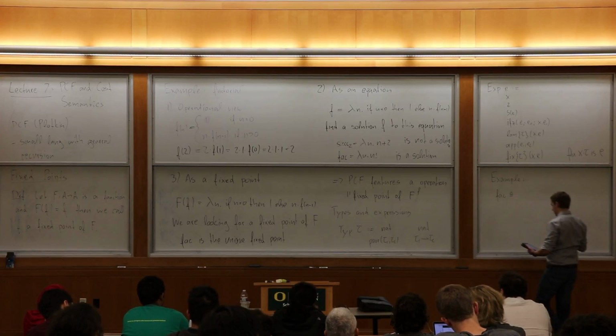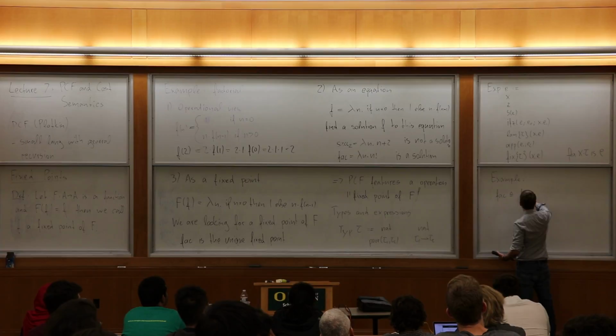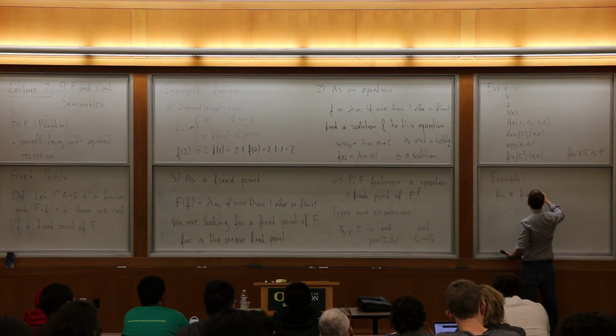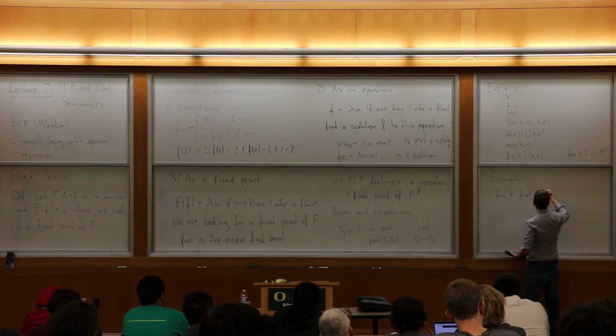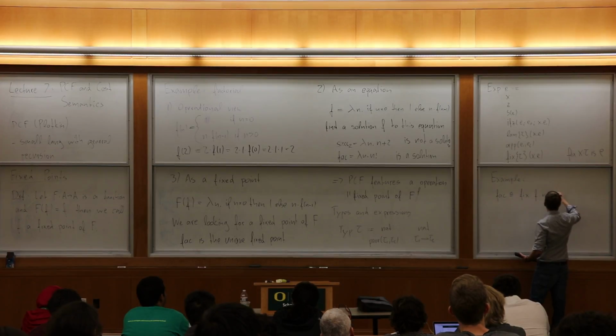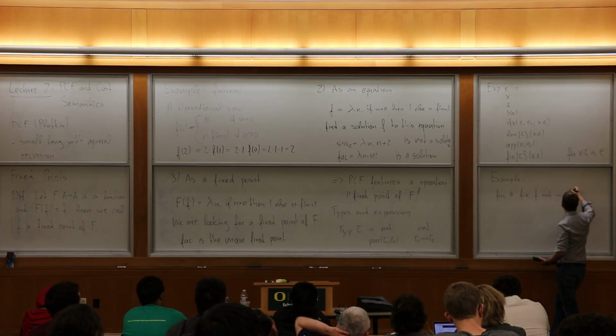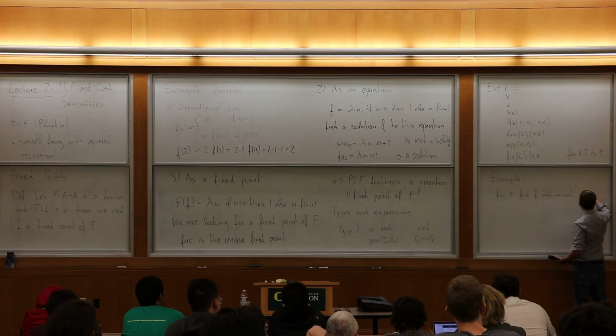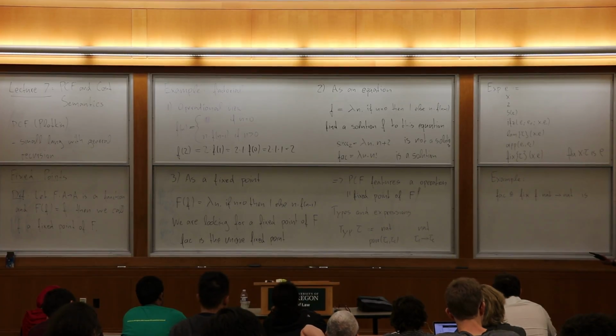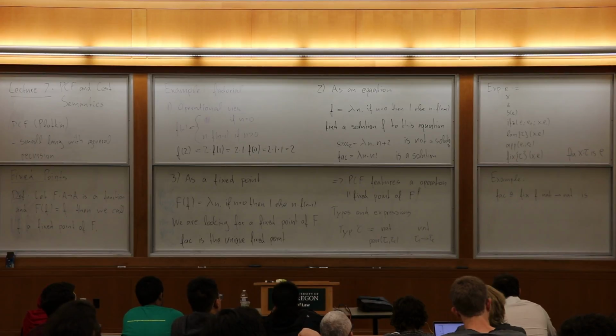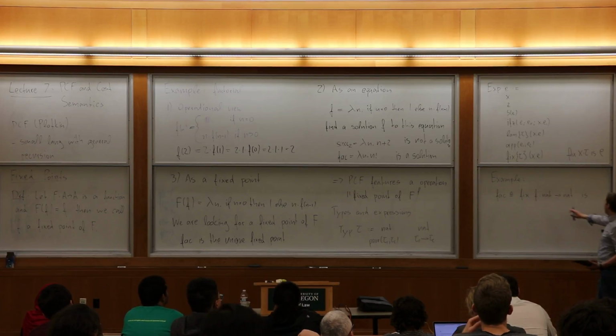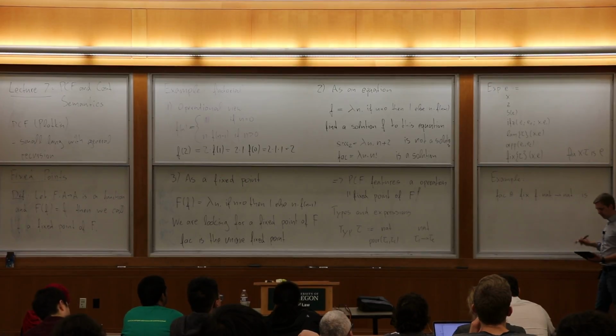So I write the fix. f is supposed to have type nat partial arrow nat, and, like in this equation before, this is kind of the argument of our function, big F.